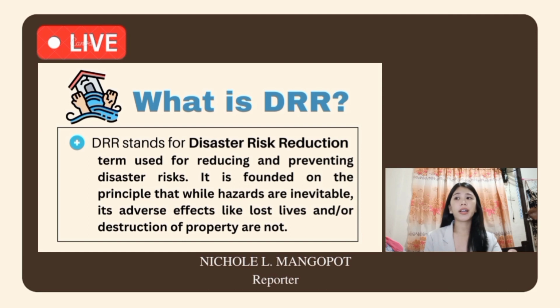DRR helps us prevent natural disasters like flood, tsunami, and earthquake, and so on. We can prevent some of those disasters by constructing flood defenses, planting trees to stabilize slopes, and implementing strict land use and building construction codes.